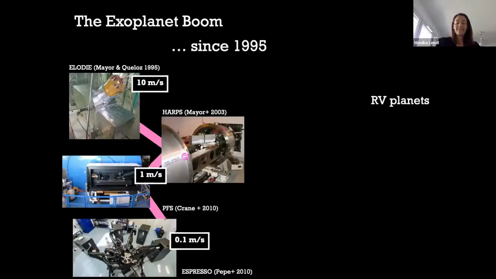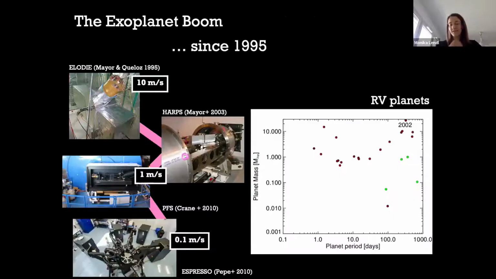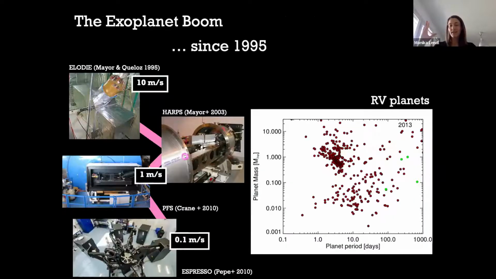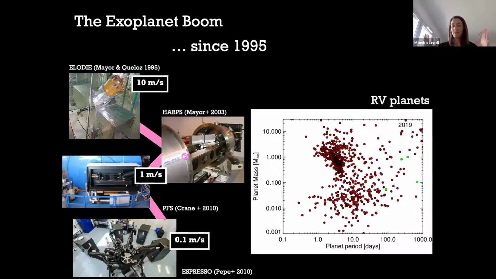Now, the exoplanet field really, since the detection of the first exoplanet, has gone through a large boom since 1995. Just to give you a little feeling about how the parameter space has been filling up with planets going to lower and lower masses, I've put this simulation here.